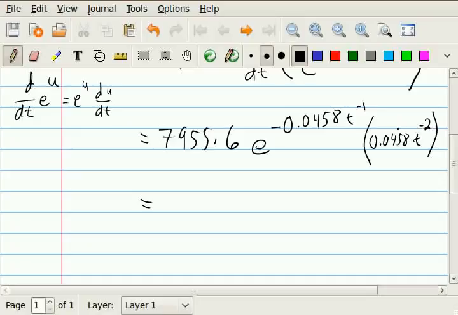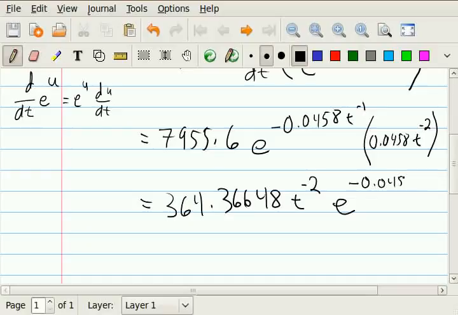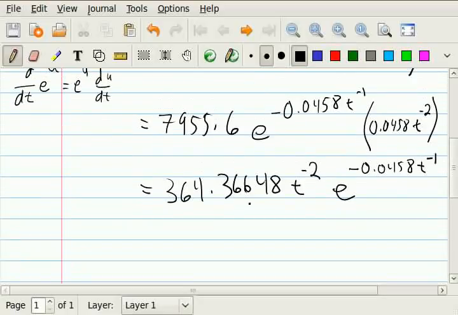That gives me 364.36648 times t to the power negative 2. I might go ahead and put that right here, times e to the power negative 0.0458 t to the power negative 1. So it's actually kind of a complicated function.